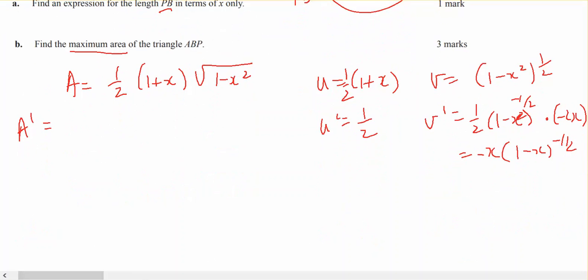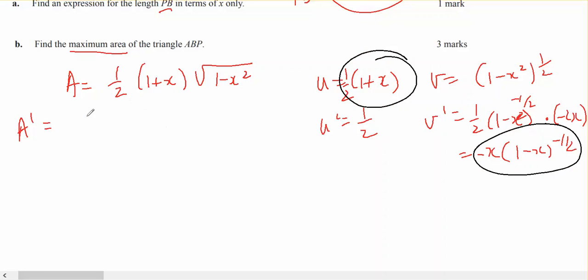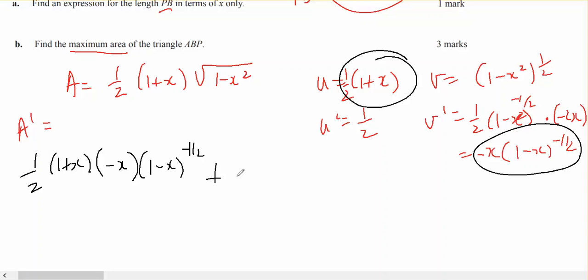So A dash will be u times v dash, so a half, 1 plus x, times negative x times 1 minus x squared to the negative a half, plus a half, 1 minus x squared to the half.